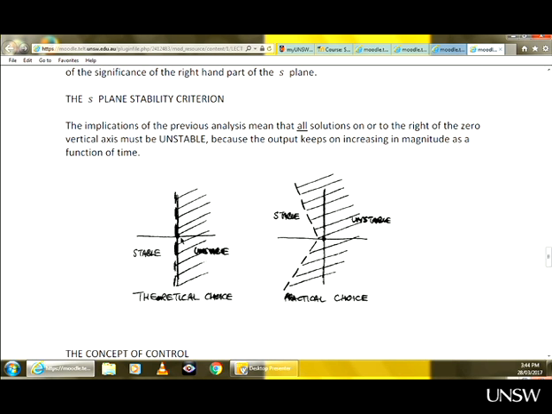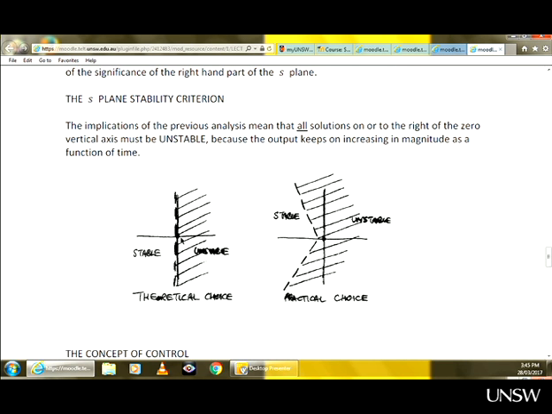Here it is. I don't know whether you ever thought about this. This is an unstable system. Why? Because if I manage to put it in a sort of equilibrium, which I can't, and I apply an impulse input, it exponentially deviates from the original equilibrium. It never comes back.